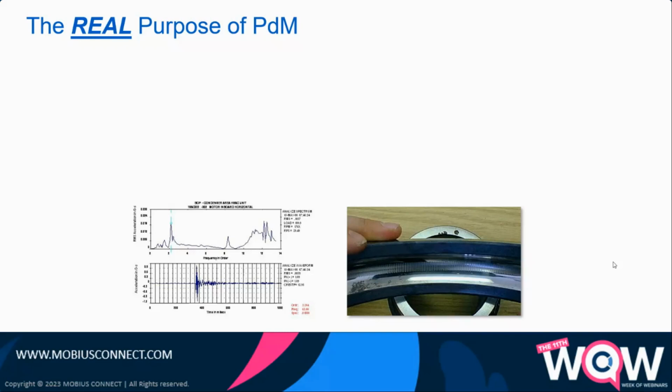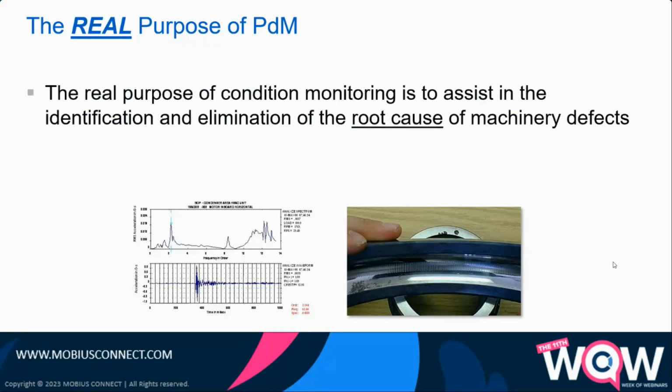So after saying all that, what's the real purpose of PdM or condition monitoring? The real purpose of condition monitoring is to assist in the identification and elimination of root causes of machinery defects. If you catch the defects early and take corrective action early in the life cycle of a defect, then you can preserve the evidence and really understand what the potential root causes of that failure were, such as maybe spalling in a bearing.